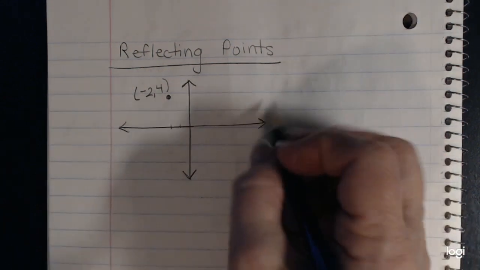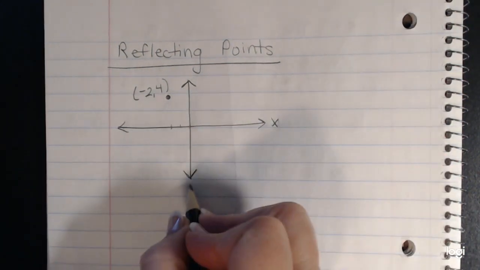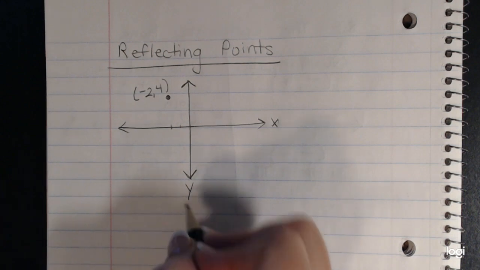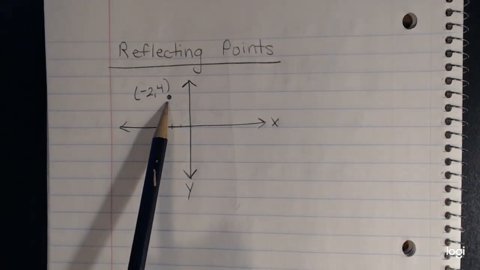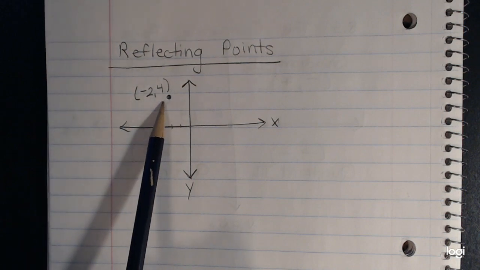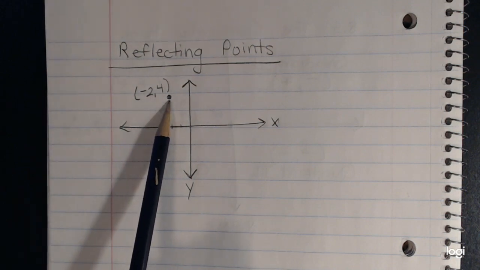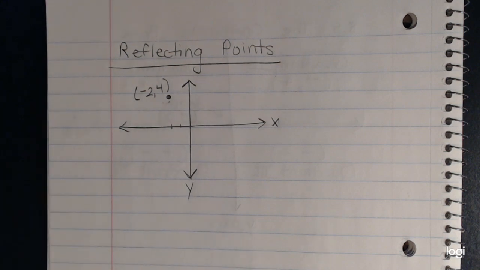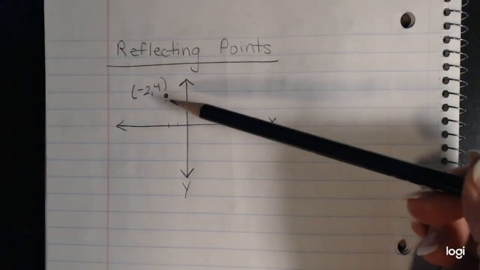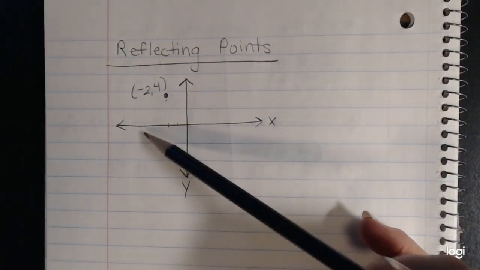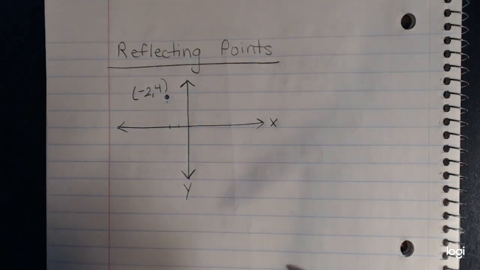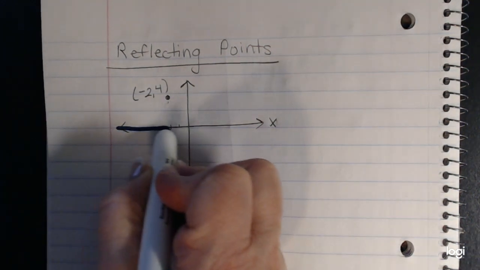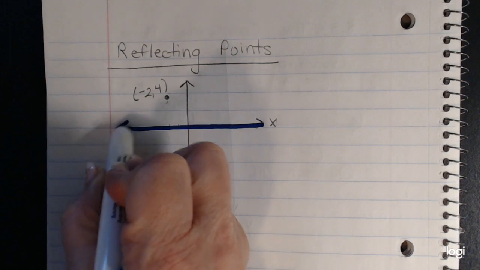And if I tell you this is my x-axis and this is my y-axis, and we're going to take this point and reflect it. Sometimes they'll say reflect it in the x-axis, which basically means we're reflecting this over the x-axis. Well, this is my x-axis. I'm going to take a little marker here and make it nice and dark.